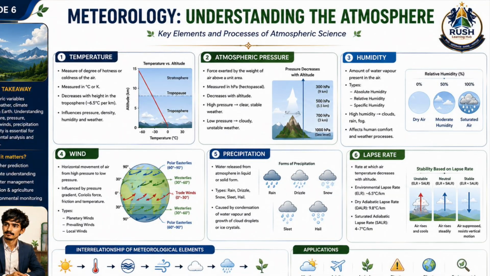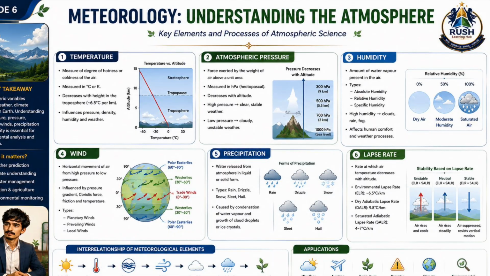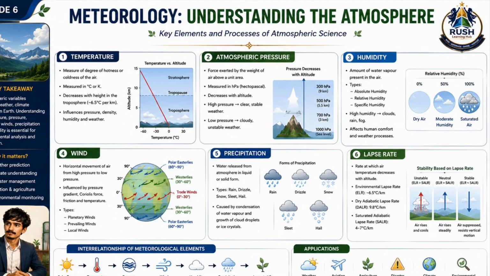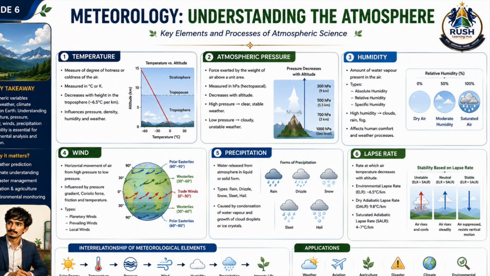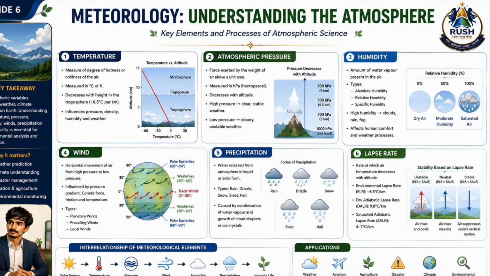The saturated adiabatic lapse rate, or SOL, ranges approximately from 4 to 7 degrees Celsius per kilometer and applies to saturated air parcels. The relationship between ELR, DLR, and SOL determines atmospheric stability. When ELR is greater than DLR, the atmosphere is unstable.